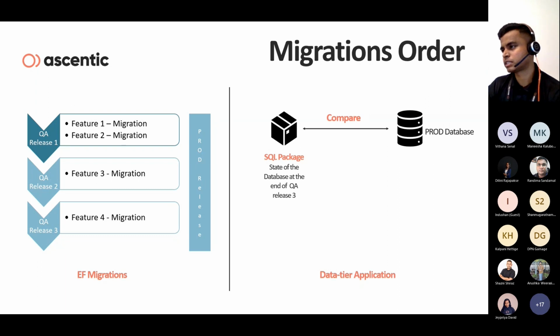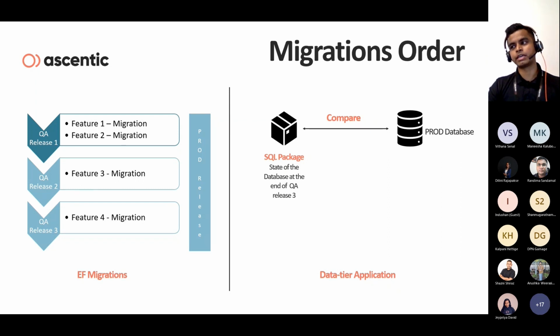But what's the difference with data tier applications? Data tier applications contain the desired state. It does not say you need to execute very specific changes. You can't define a specific order of the changes that you need to apply to your desired database structure.